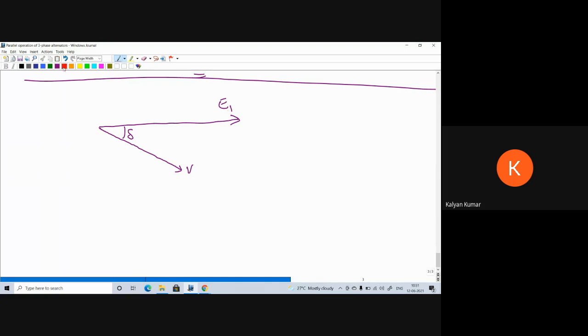If I1 is like this, and this angle is some value, what is the power factor? I had taken E1 as reference. Therefore, what is the power factor now?